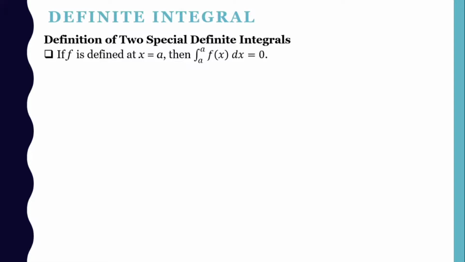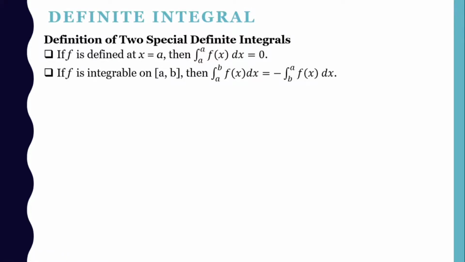This means that if the lower limit is equal to the upper limit, the integral of the given expression is 0. No need to solve. Whatever the function is, as long as the lower limit and the upper limit are equal, the answer will be 0.